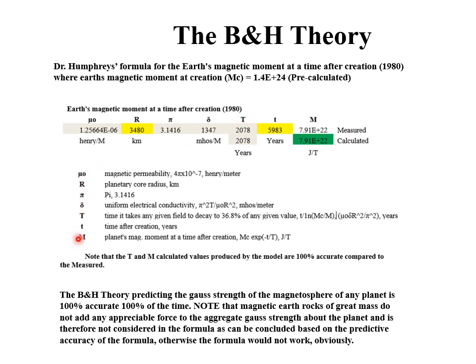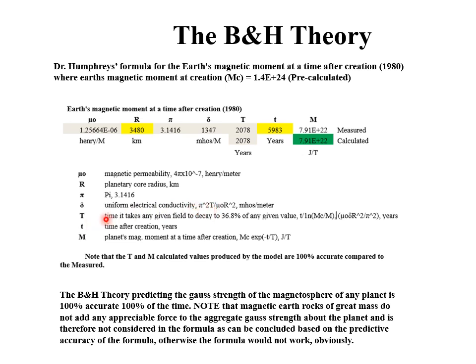Here are the variables. Mu naught is your magnetic permeability. There's the formula for that. R is your planetary core radius, of course pi, and the sigma here is uniform electrical conductivity.